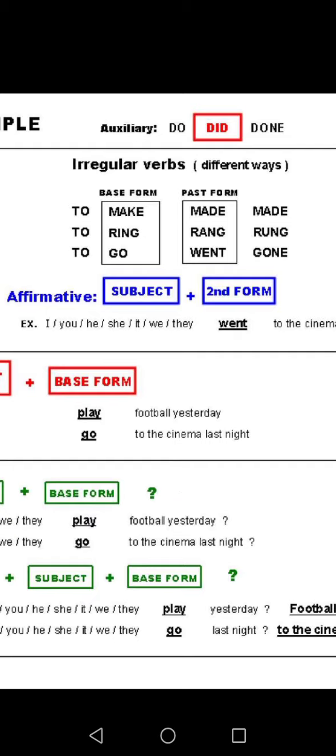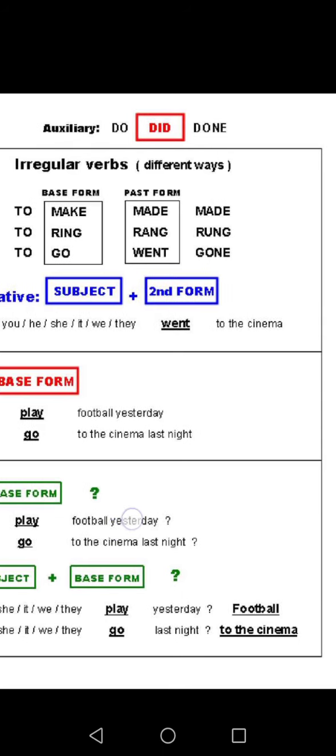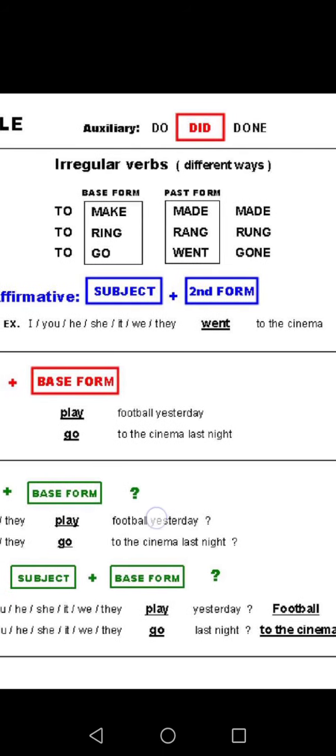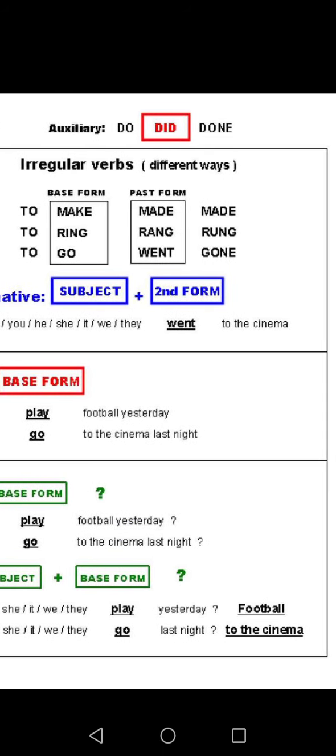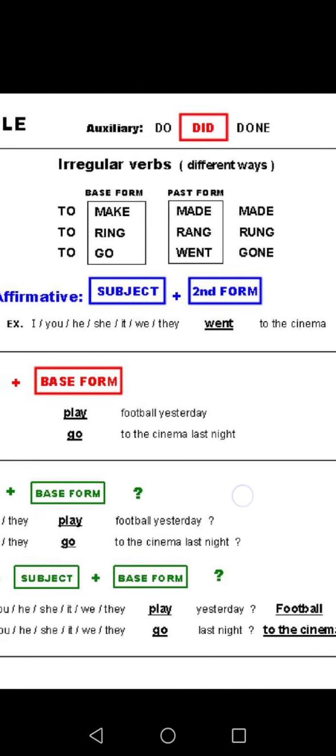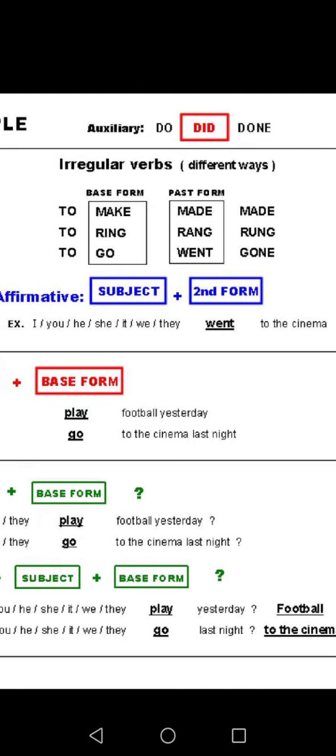Example: I, you, he, she, it, we, they, any of the subjects. I went to the cinema. She went to the cinema. Any subject, simply went, rang or made according to the context, okay? I went to the cinema, I went to the dentist, I went to the museum, I went to the marketplace, I went shopping.